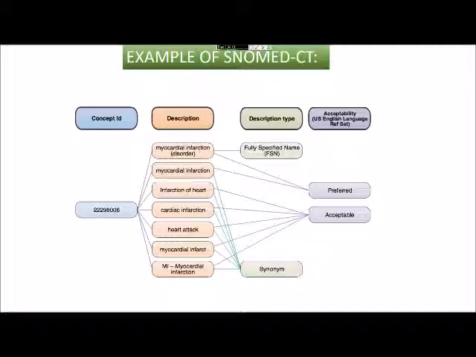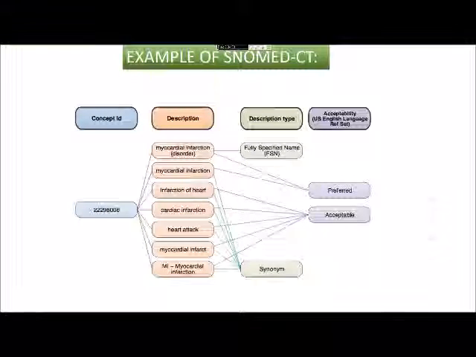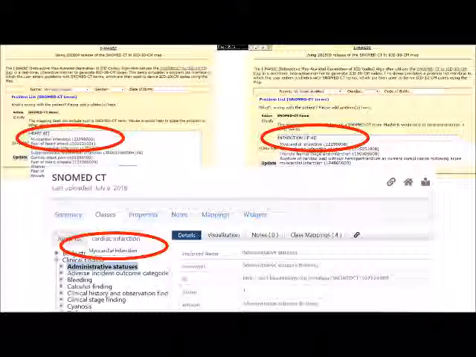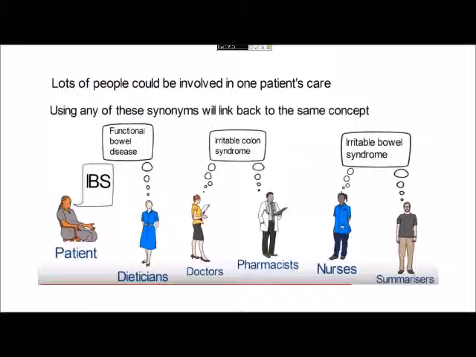Every description has a unique numeric description identifier. Like this example, it has many descriptions, but all of them have the unique numeric. This is a part of video which I screenshot. I think this is the target the SNOMED CT wants to express and practice.